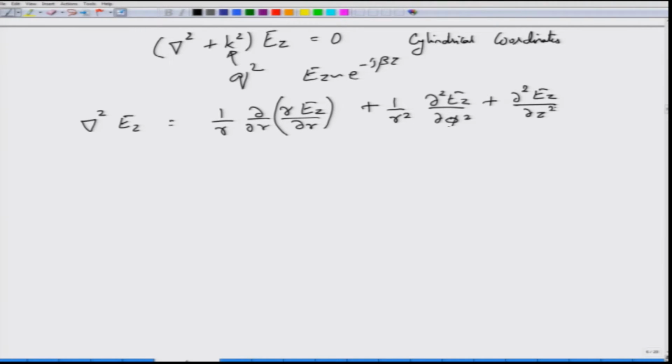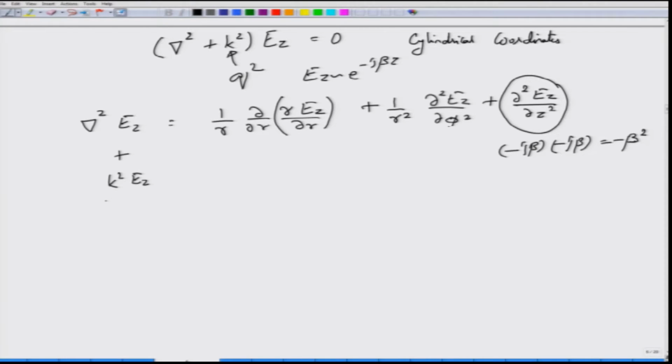So this is the expression for del square. Now I know that del square by del z square is nothing but minus j beta whole square, because del by del z pulls out minus j beta, again you pull out minus j beta, minus and minus is plus. So j into j is minus, so this is actually minus beta square.